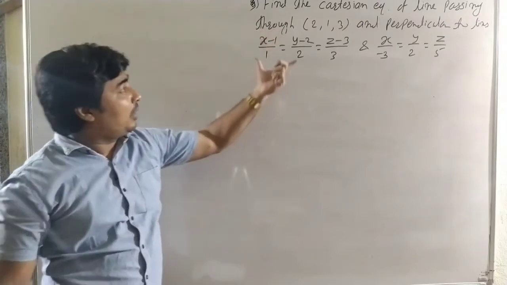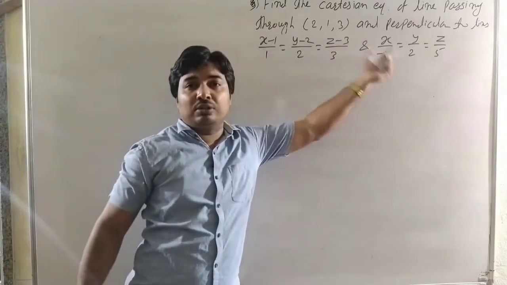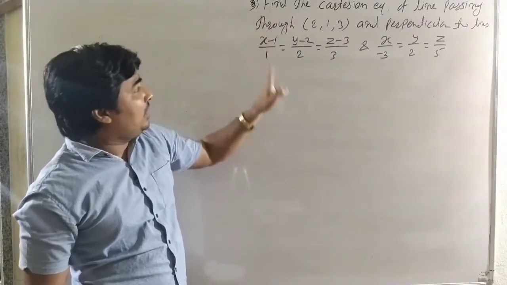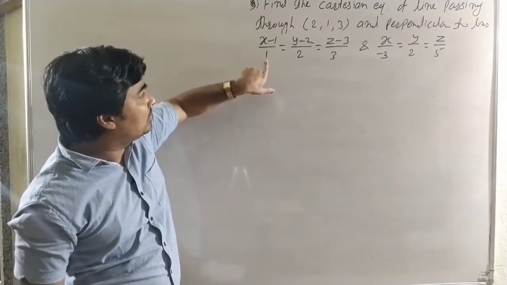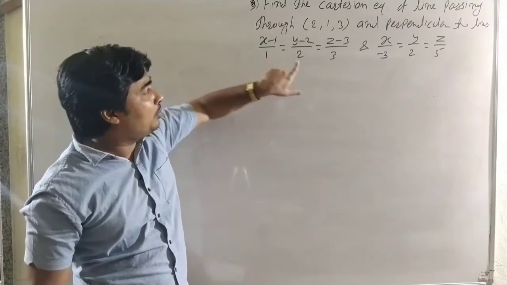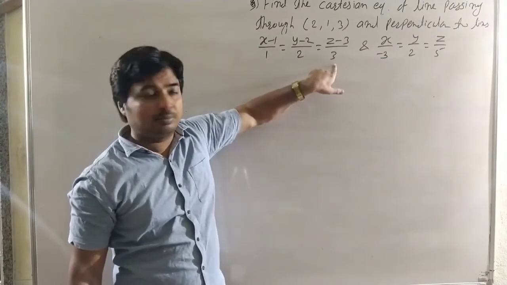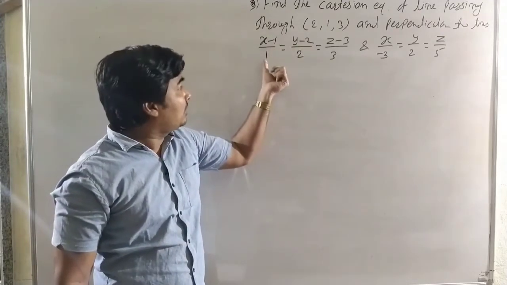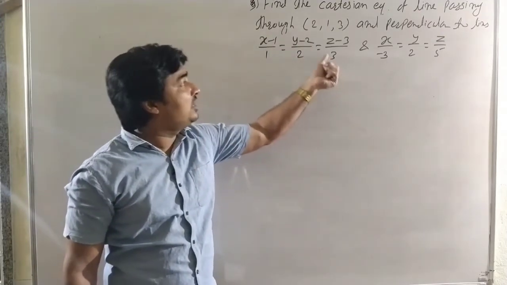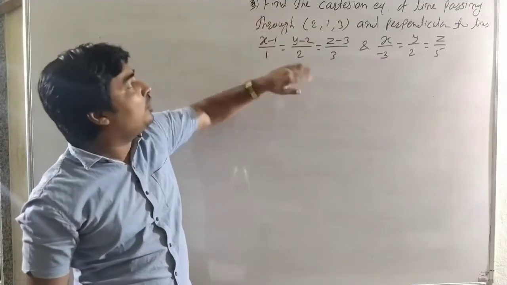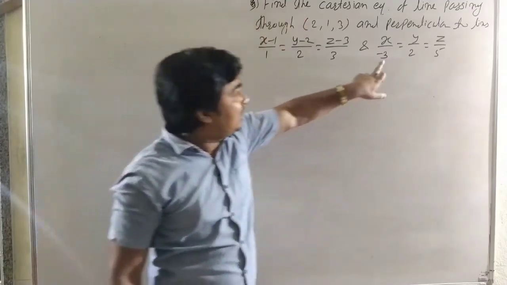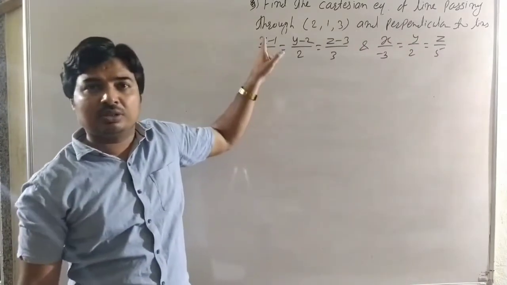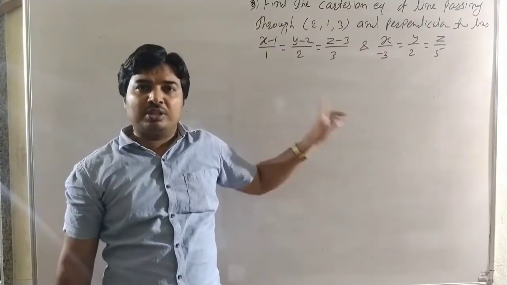The required line is perpendicular to the line with direction i cap plus 2j cap plus 3k cap, which gives the direction of the first line. And it is also perpendicular to minus 3i cap plus 2j cap plus 5k cap. Then their cross product is parallel to the required line.